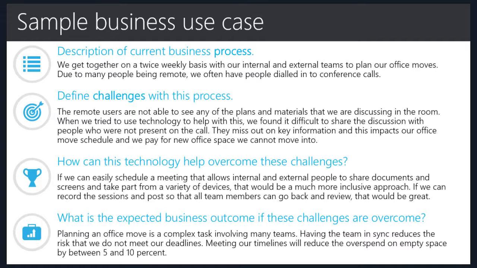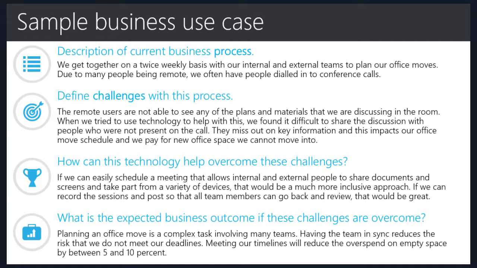So we start to get this idea of where this technology can help overcome some of the challenges they've looked at. But then we get on to the most important part, which is: what is the expected business outcome? What are they going to get from doing this? The things that they picked out, looking at the facility teams, is that having people in sync more, being able to have meetings where that visual content is there to be accessed by people on many different devices out on customer sites, effectively keeps them in sync a lot more.